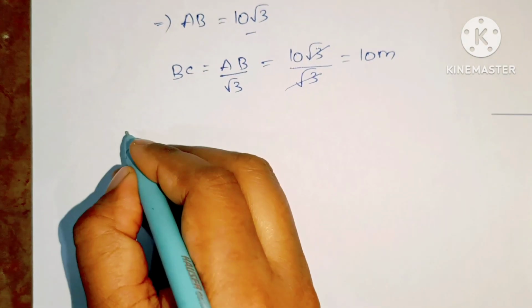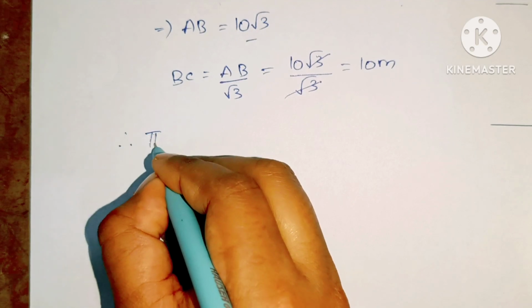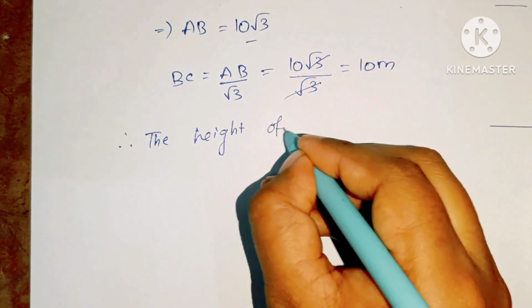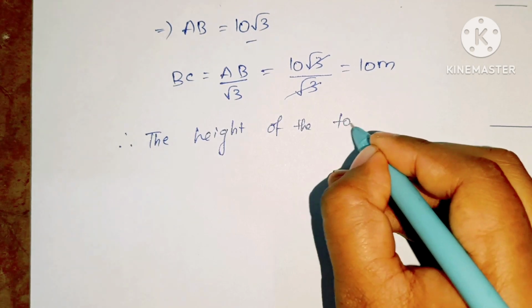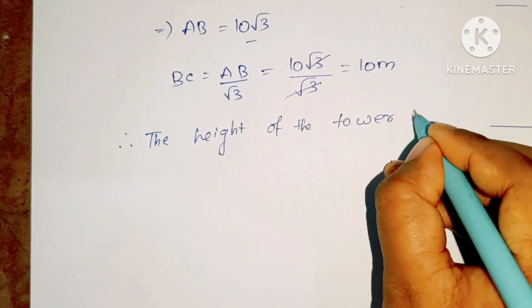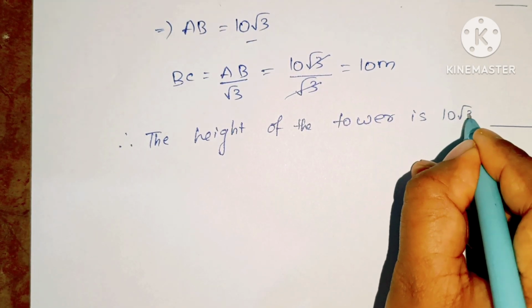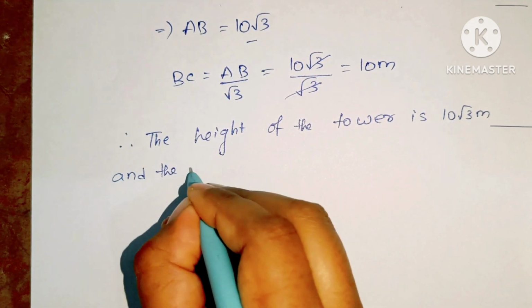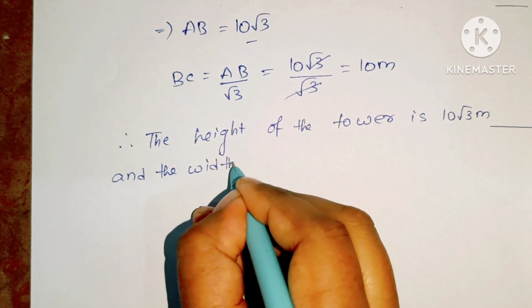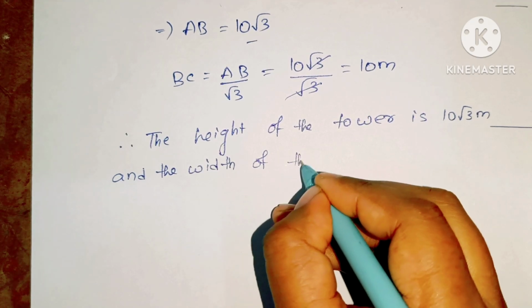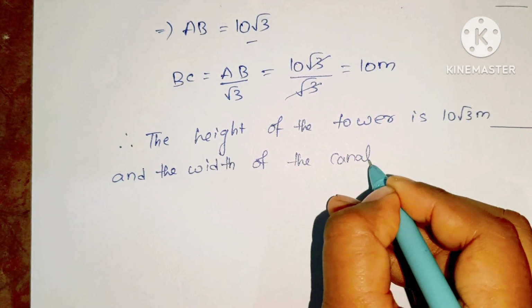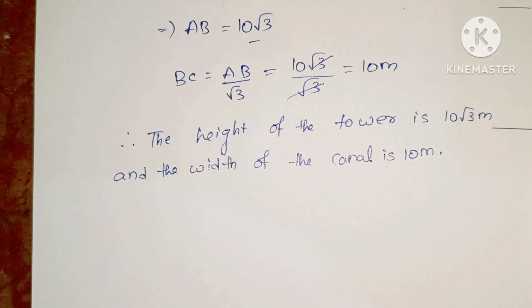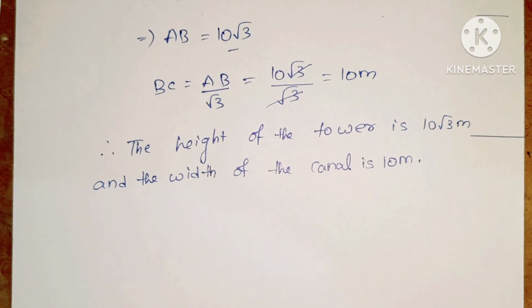Therefore the height of the tower is 10 root 3 meters and the width of the canal is 10 meters. The width means 10 meters. Understood? Next sum.